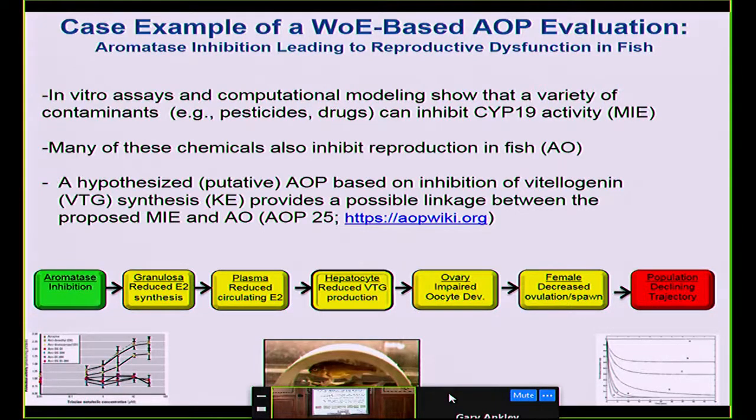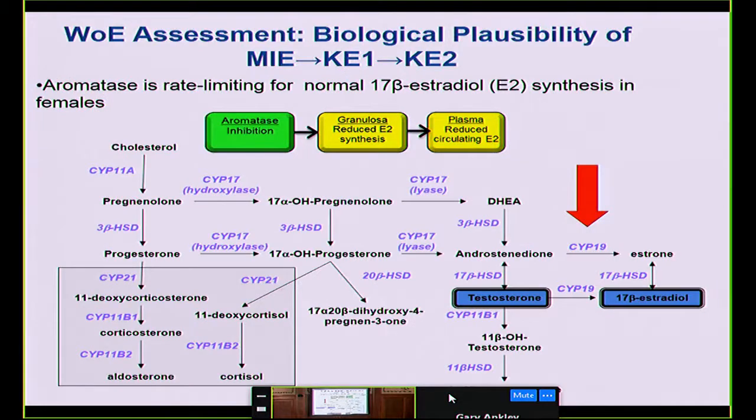So how can we take this AOP and subject it to our weight of evidence causality analysis? This first slide here shows what we know about biological plausibility of the first three key events, the molecular initiating event and these two key events.